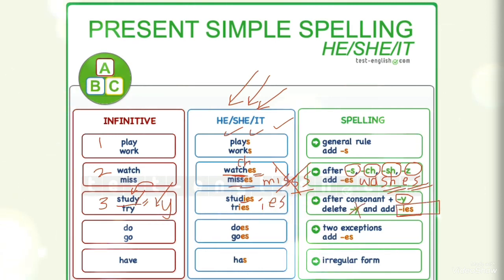Can I say, for example, here play? Can I say he plays with IES, just like this? No, teacher. Why? Because I have here Y and a vowel.